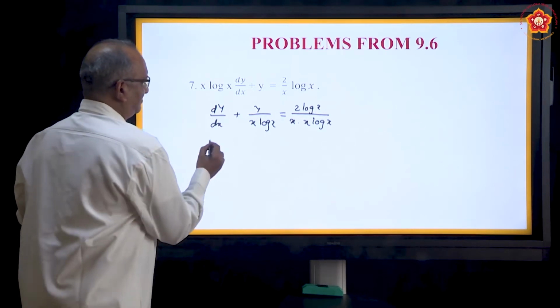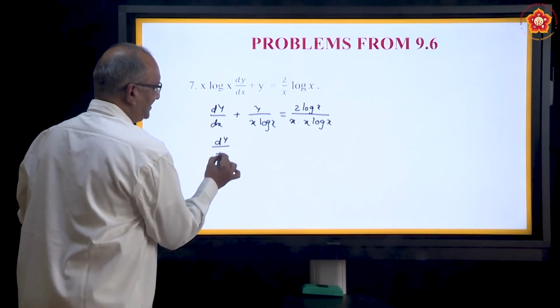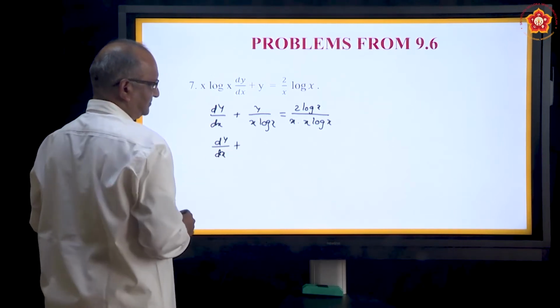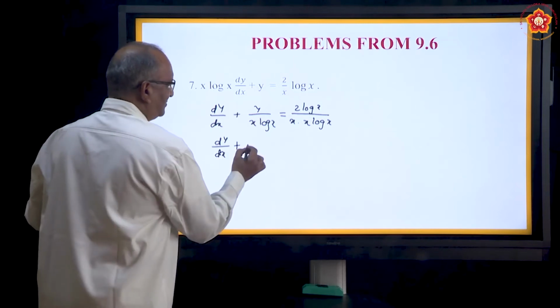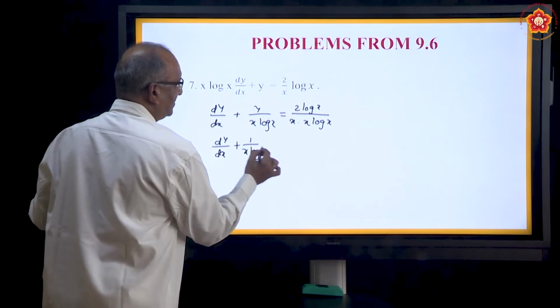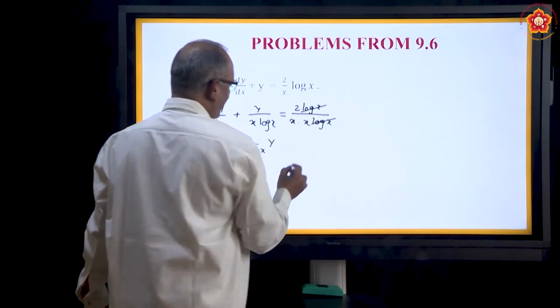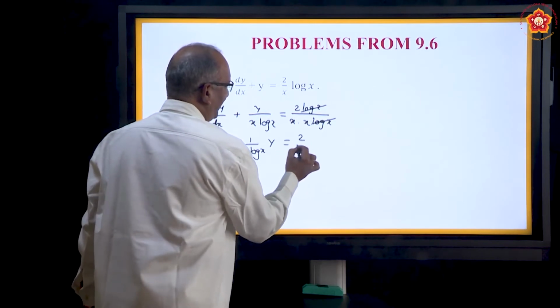Observe this carefully. We will try to write it in the standard form. This can be written as dy by dx plus py, where 1 upon x log x is like p into y. Here log x will get cancelled and you will get 2 by x square.